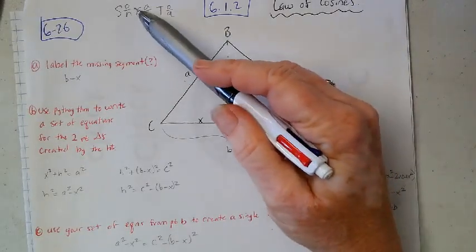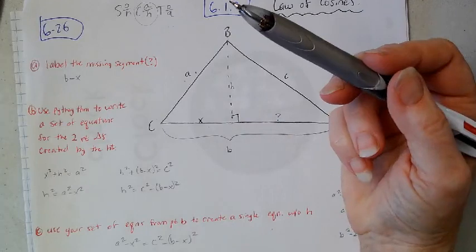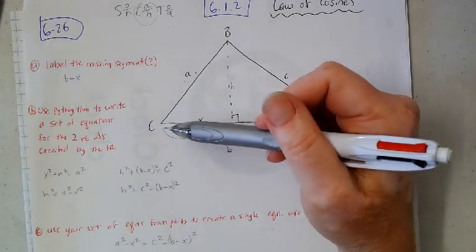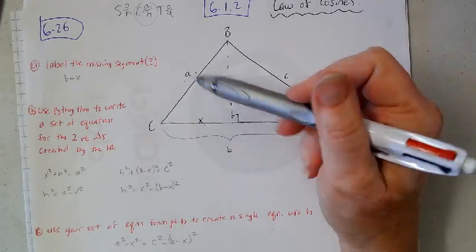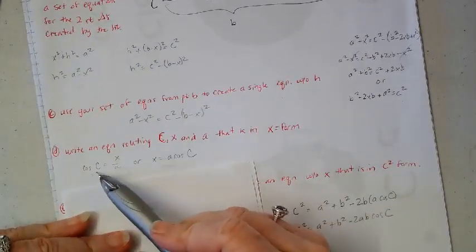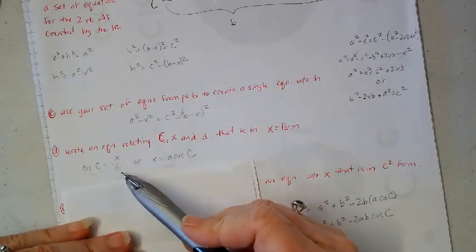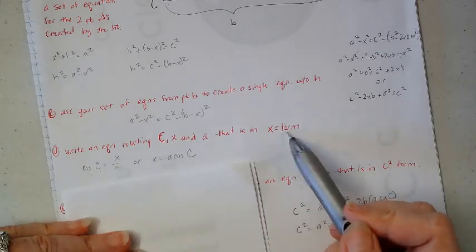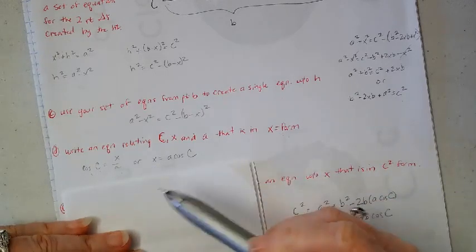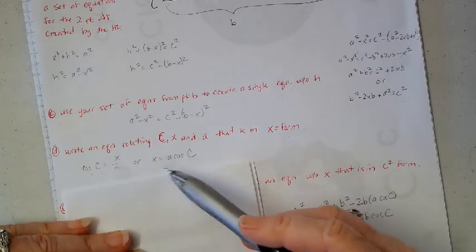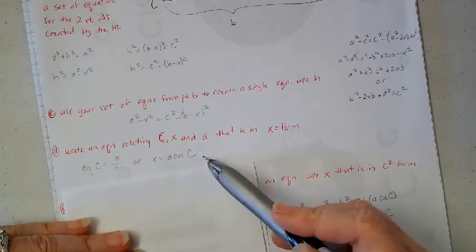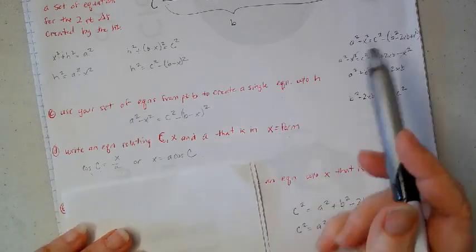So that's cosine. So I could write cosine of C equals X over A. So that's what I did. But they wanted it in X equals form. So I multiplied both sides by A so that it would have the X by itself. So X equals A cosine C.